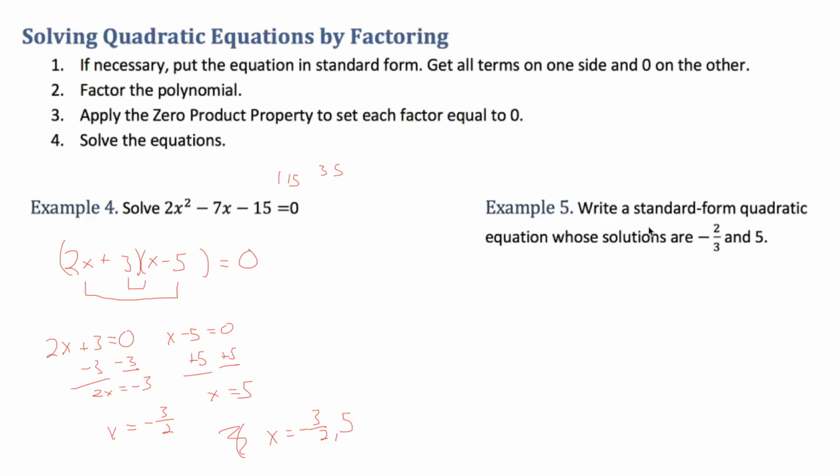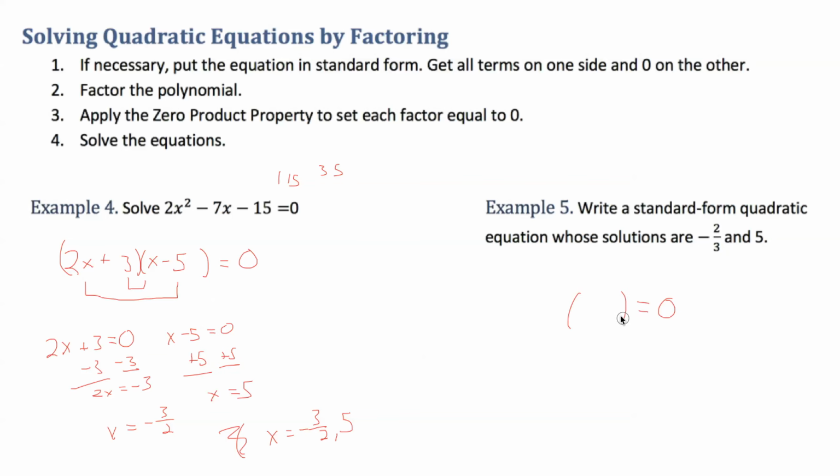The next example here: write a standard form quadratic equation whose solutions are negative 2/3 and 5. All right, so we want the solutions to be negative 2/3 and 5. What we do here, we're going to write an equation that's equal to 0. And let's start with the 5 actually.